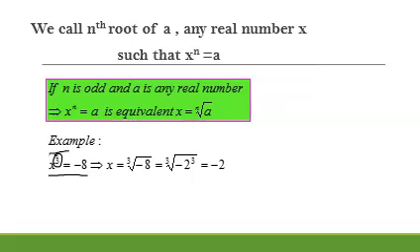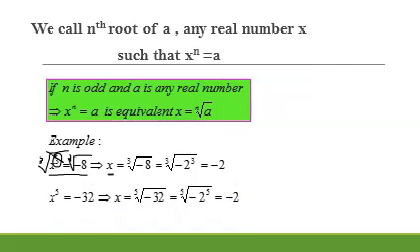This is the only way, because if you put the root 3 here, you will get rid of the power, so I only have x. Don't forget that you have to put the same root on both sides. Okay? And it's okay if I have minus inside the radical if the root is odd. So as you see, x to the power 5, the only way to get rid of this power is to put the 5th root of x to the power 5, because I will get rid of them and I will get x.